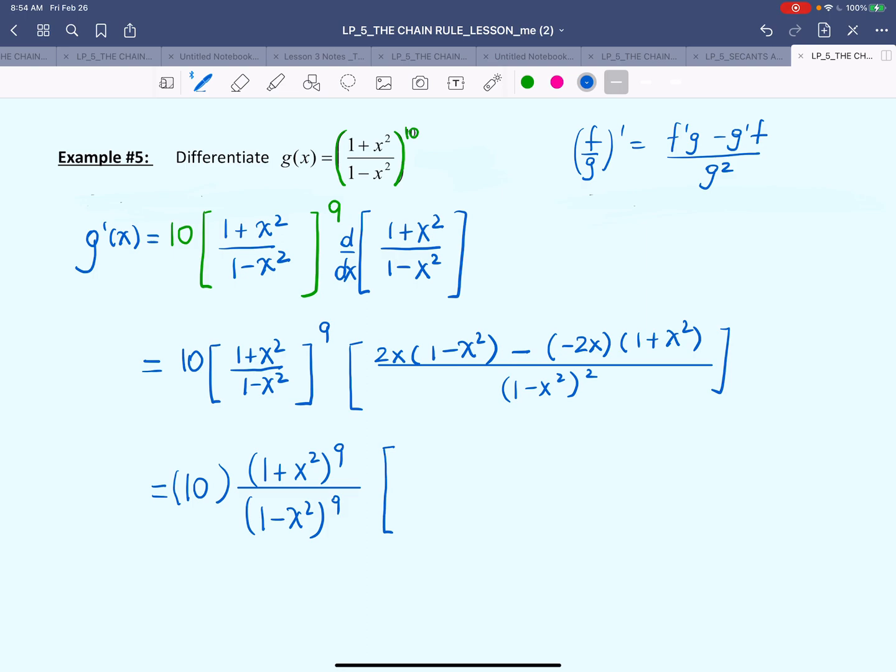Now, inside brackets, I will have to simplify the numerator. So we have 2x minus 2x power 3. Now, these two minuses will make a plus. So 2x times 1 plus 2x plus 2x to the power of 3 over 1 minus x squared to the power of 2.